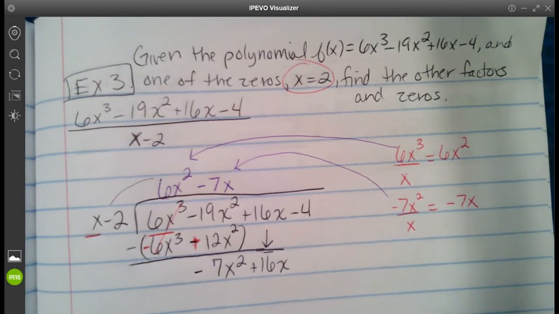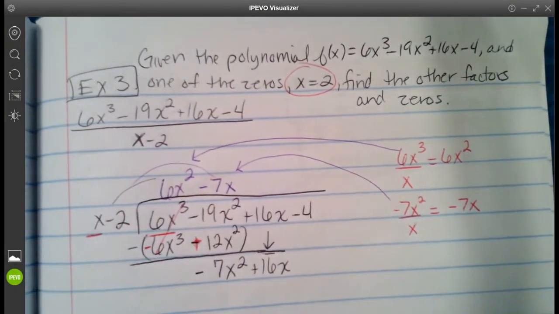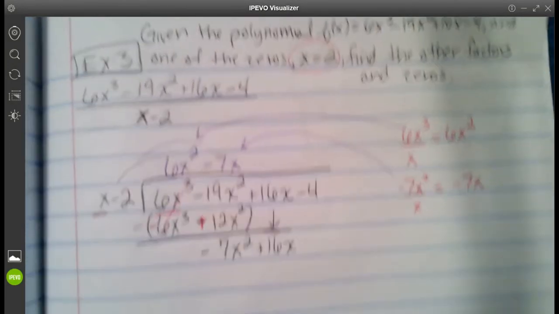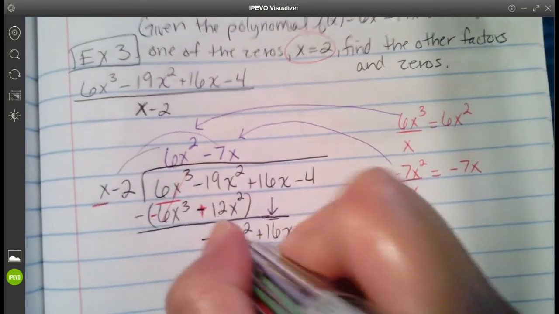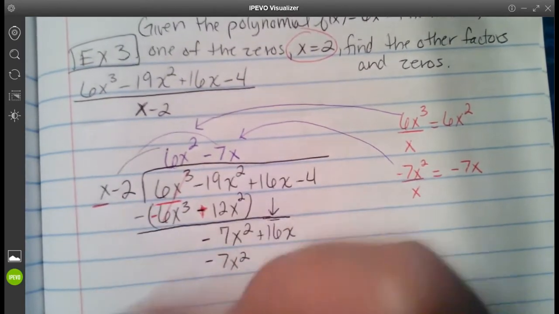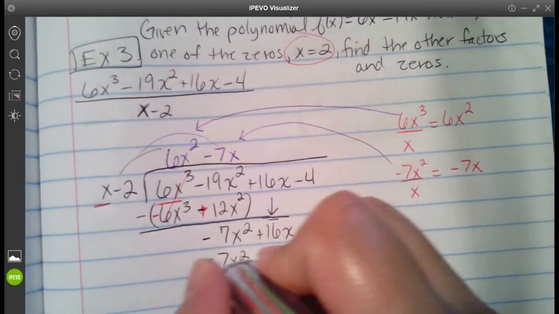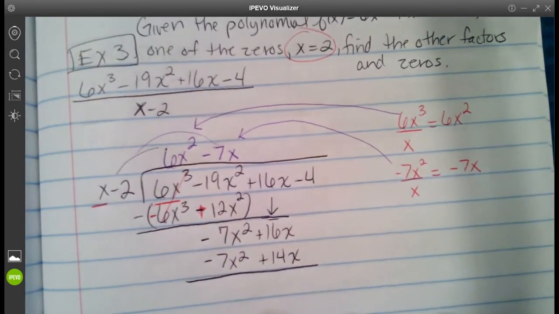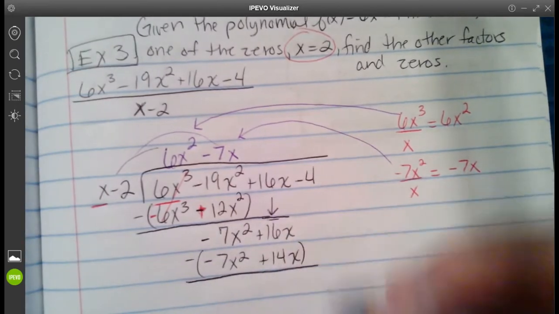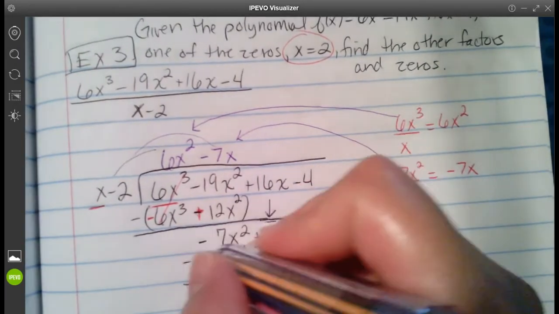And then we multiply. So just like before, negative 7x times all of this is going to give us negative 7x squared. Negative 7x times negative 2 is positive 14x. Okay. We subtract. So since I'm subtracting, these signs are going to change.